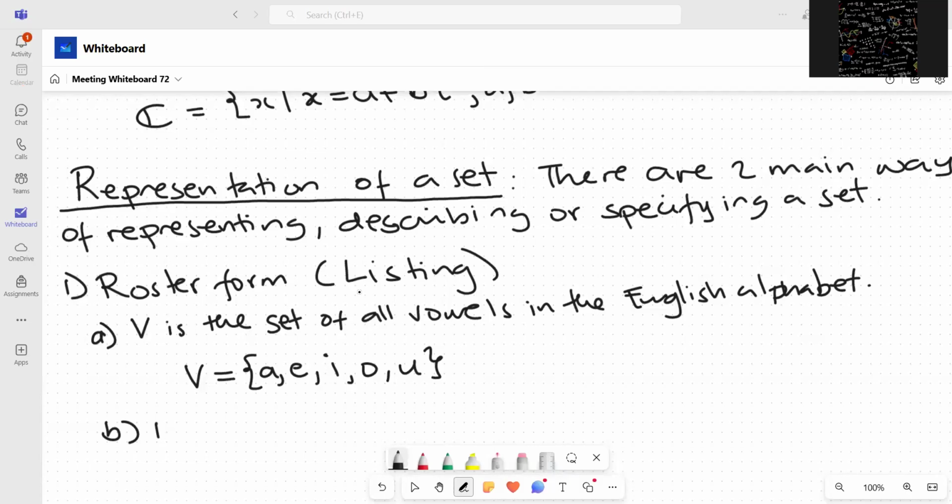Okay, so the next one we have B is the set of all letters in the word mathematics.